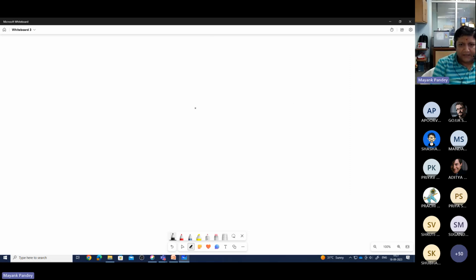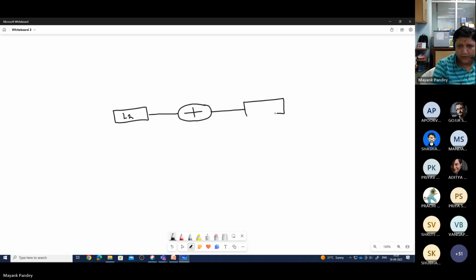Now let's see another situation. Suppose I say that there is a router, and this router is connected to a L2 switch, and here again it is connected to a L2 switch.